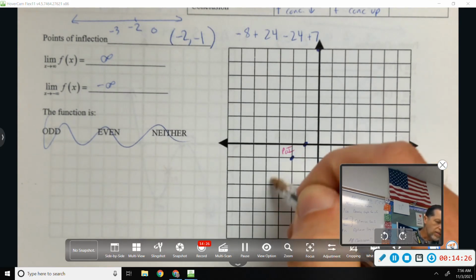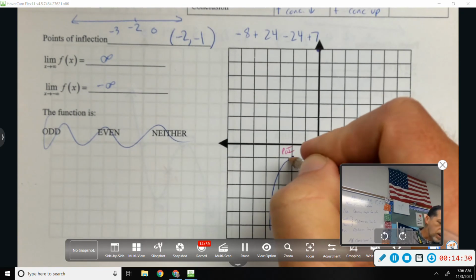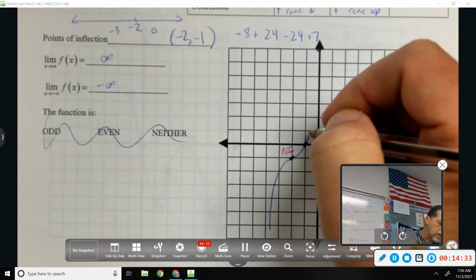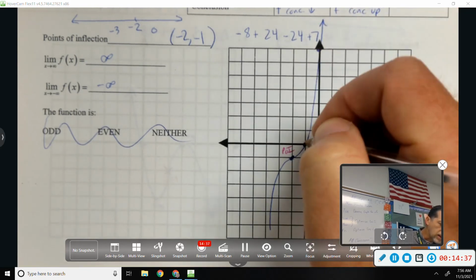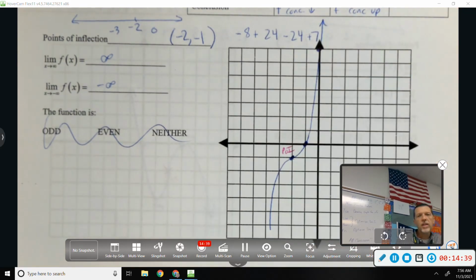So concave down and then concave up. And hit the points that I already have. So it looks something like that. Questions, comments, concerns?